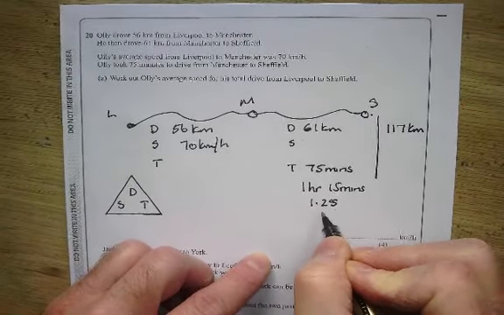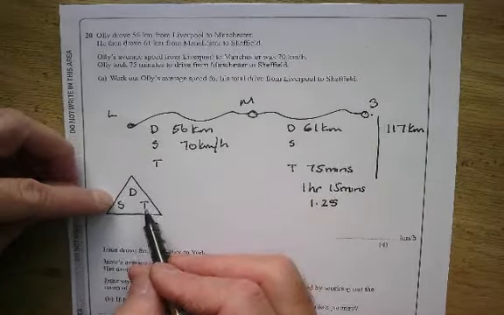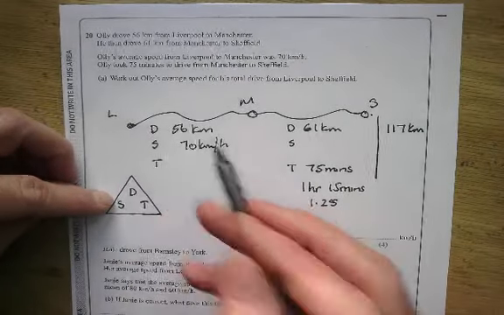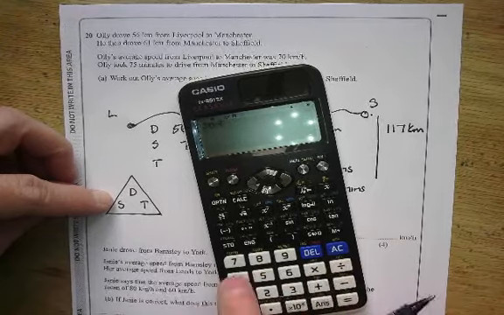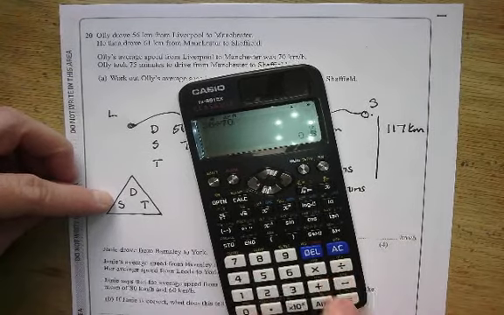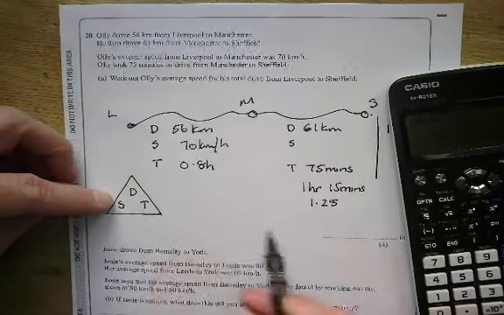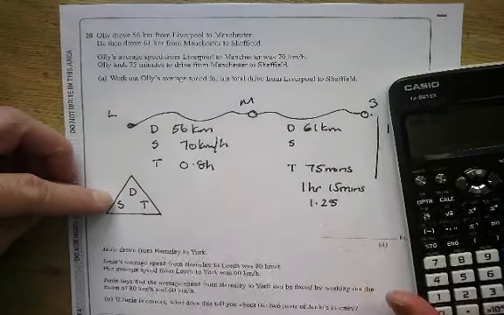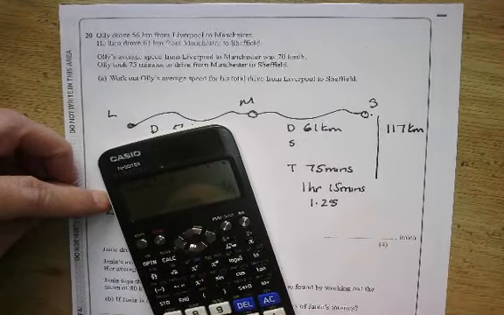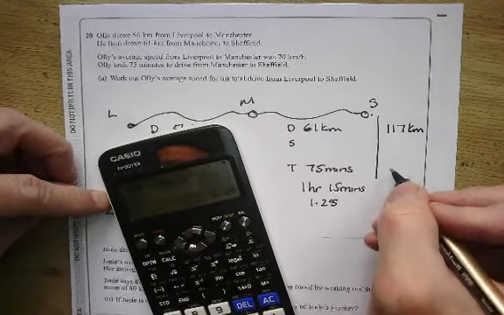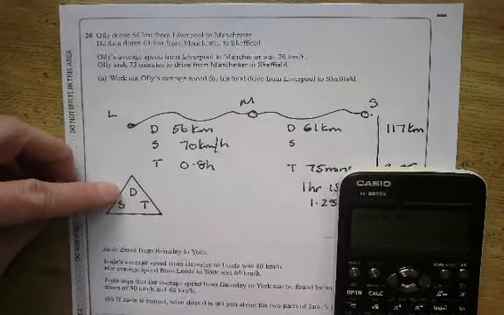So in decimal form, I'd write it like that, wouldn't I? That's a quarter. Now what's the time here? Well, distance divided by speed. So I get the distance, 56, and divide by the speed, 70. And that tells me it's 0.8 of an hour, because it's all in hours. So I add the total hours together, 0.8 plus the 1.25, and I get 2.05 hours.